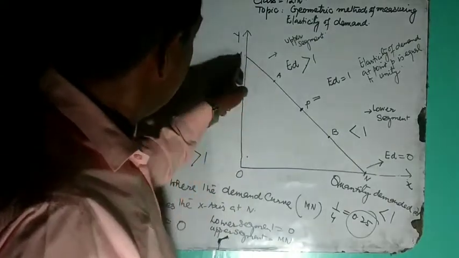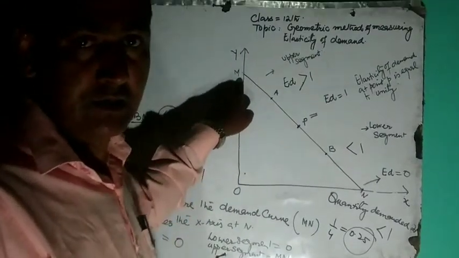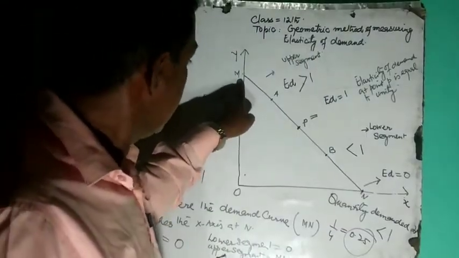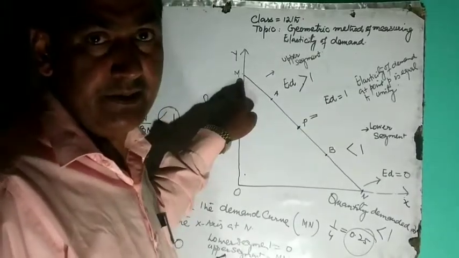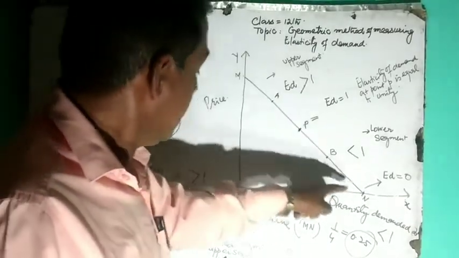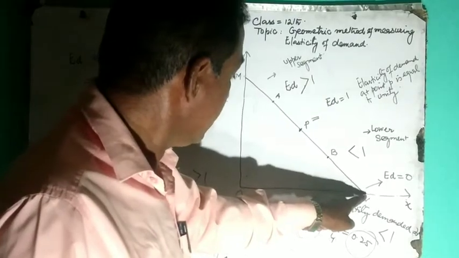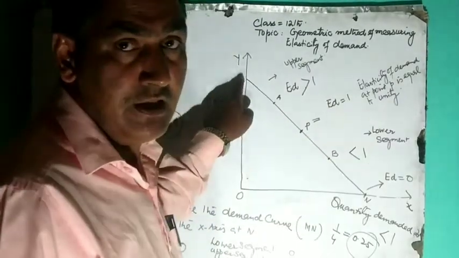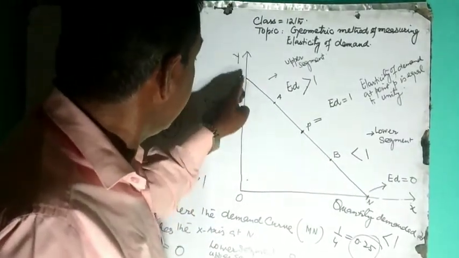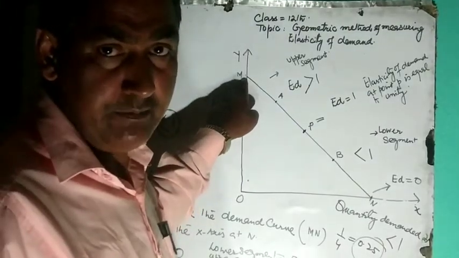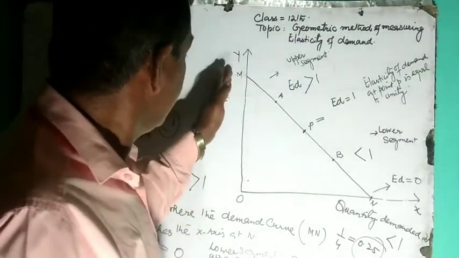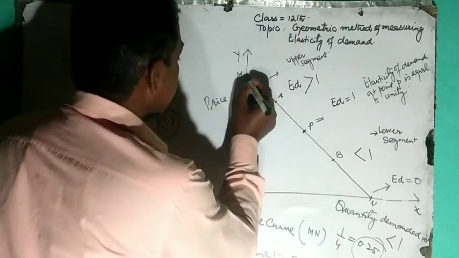Now we will go to point M. This is the lower segment divided by the upper segment. The lower segment of the demand curve starts from here up to here. The upper part touches the y-axis at M. Beyond M we don't go, so the upper segment of the demand curve from here is 0.